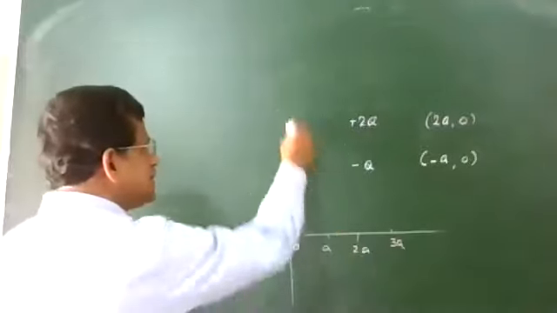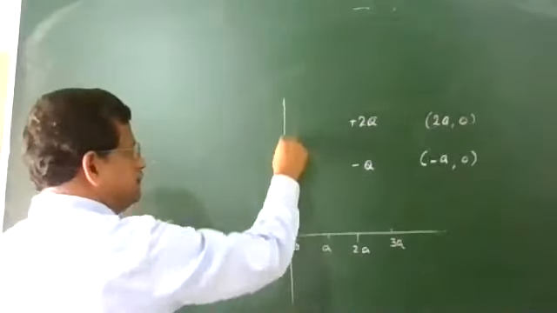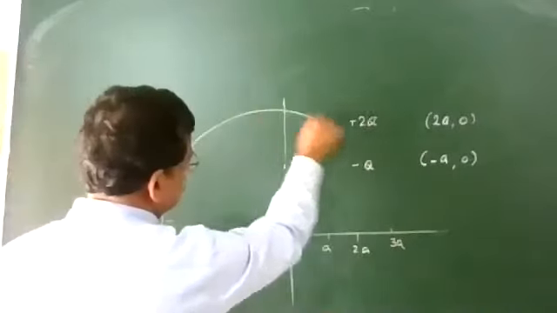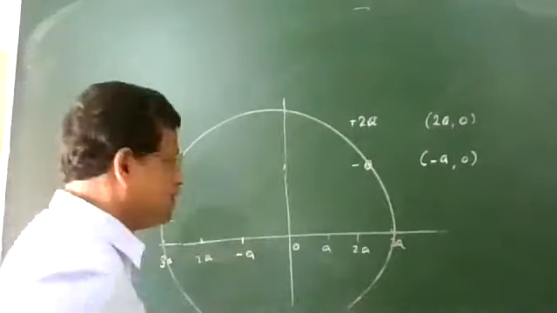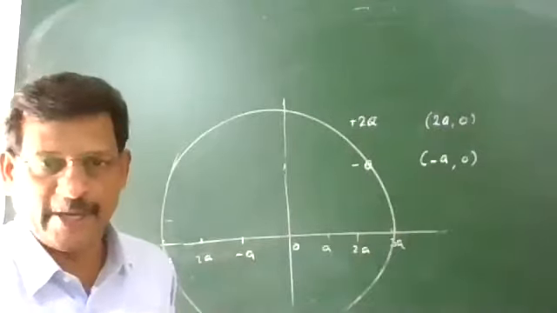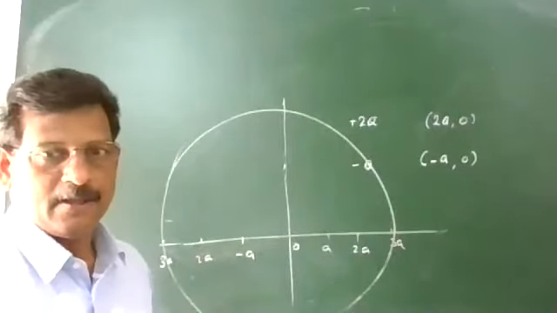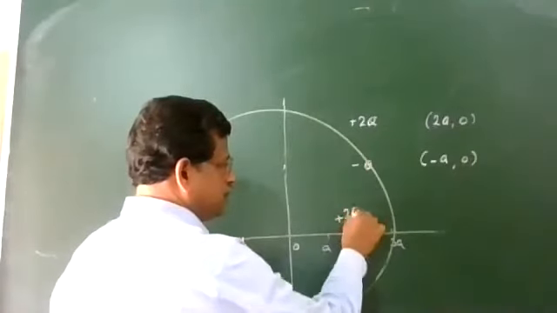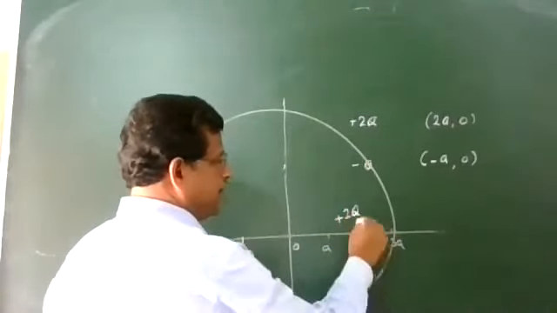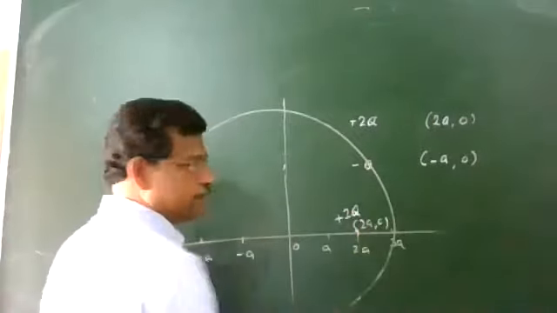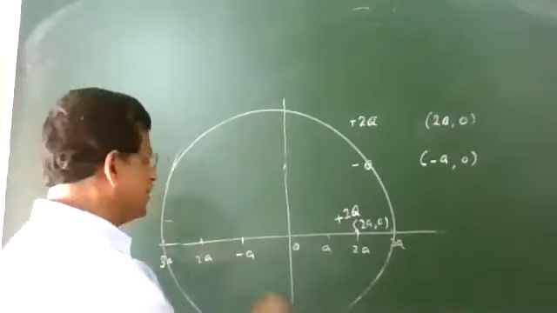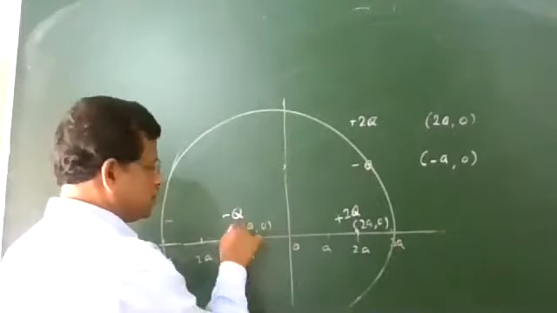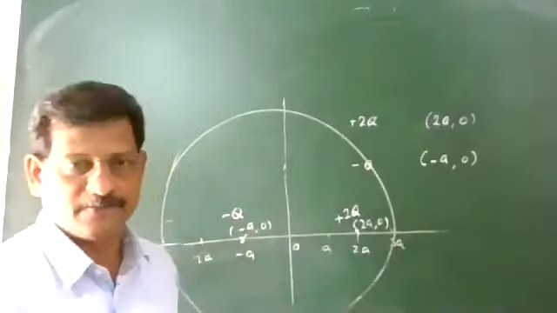You can construct a sphere of radius 3A. Plus 2Q charge is at this point 2A, comma 0. And minus Q charge is at the point minus A, comma 0. Both are lying along the axis.